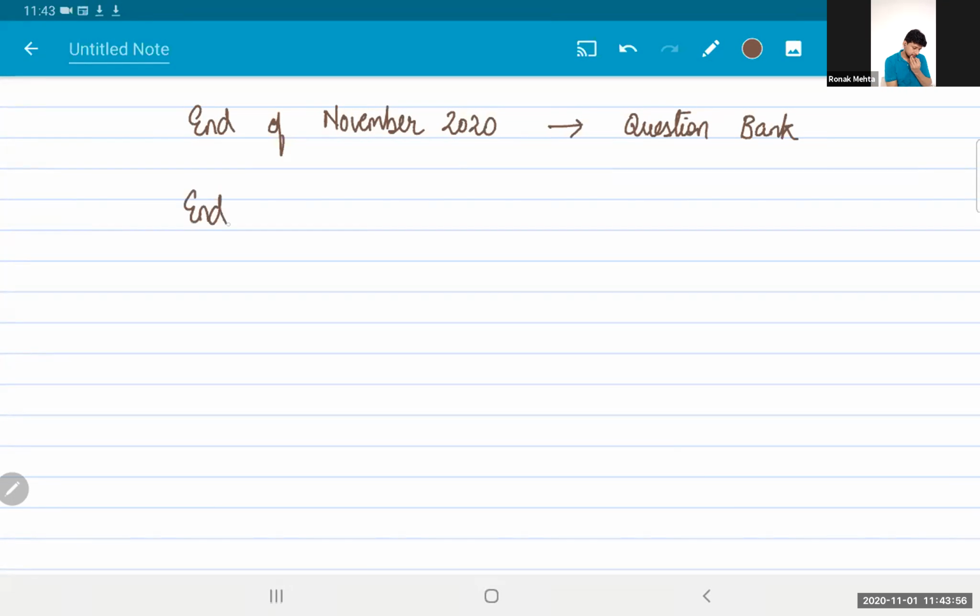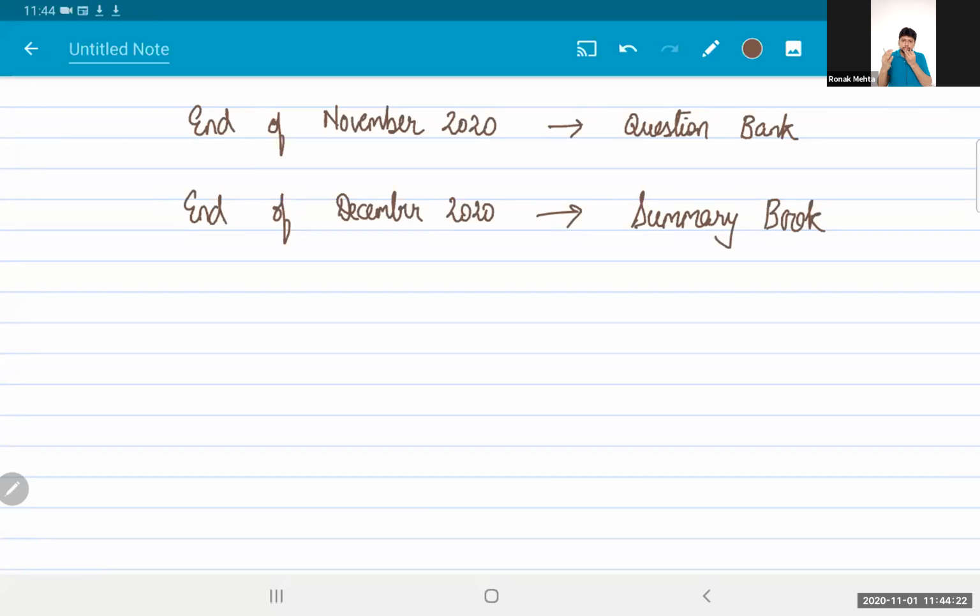And by the end of December, you will get a book called as summary book. You have 4 textbooks with you. Each textbook is ranging from 300 to 350 pages. Fourth textbook is about 400 pages.